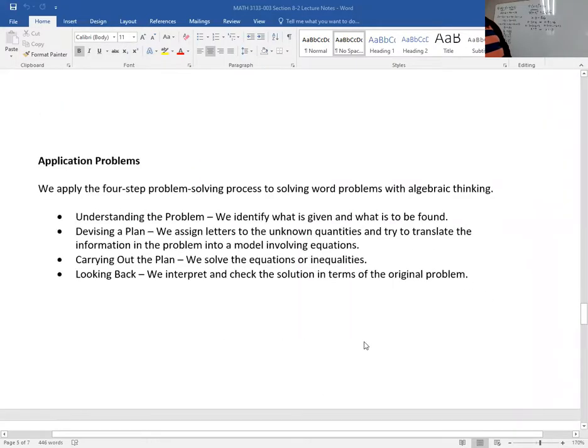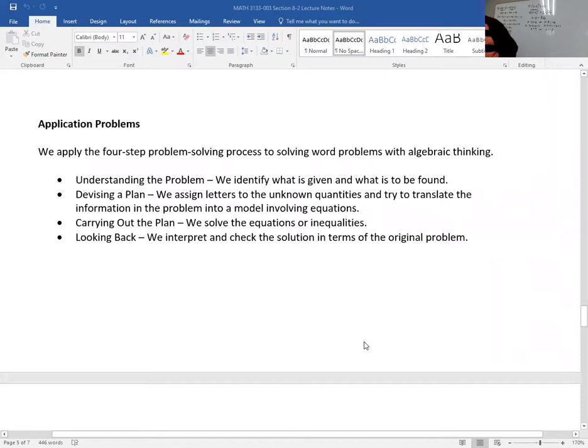All right, so let's take a look at some application problems, or we call them word problems. Sometimes word problems give students a headache, because mainly they don't know where to start with that problem.